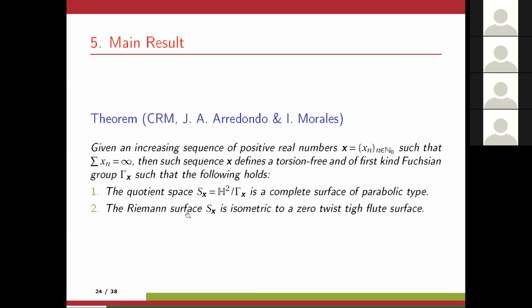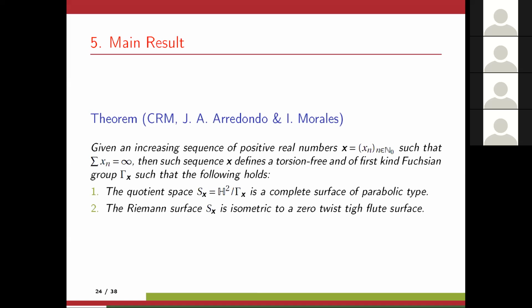Given an increasing sequence of positive real numbers, suppose that if the associated series diverges, then such a sequence X defines a torsion-free Fuchsian group of the first kind, Gamma X, such that the following conditions hold. First, the quotient space X, given by the hyperbolic plane by the Fuchsian group Gamma, is a complete surface of parabolic type. Second, the Riemann surface Sx is isometric to the zero twist type flat surface.